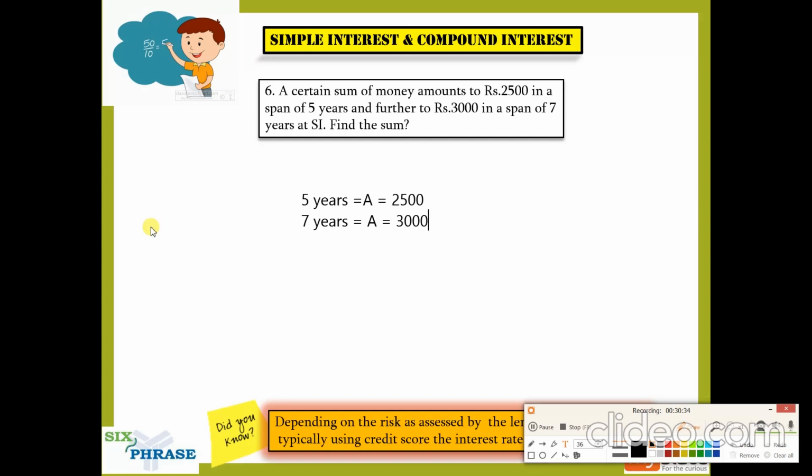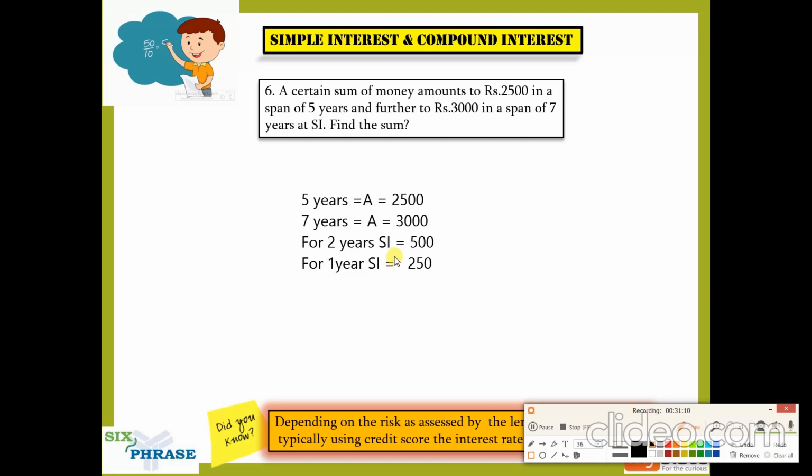For 5 years it is 2500, and it is 3000 for 7 years. For 2 years, what is the simple interest? For 2 years, SI will be equal to 500. Then for 1 year, SI will be equal to 250, right, guys? Yes. So you found out your SI, and it is 250.